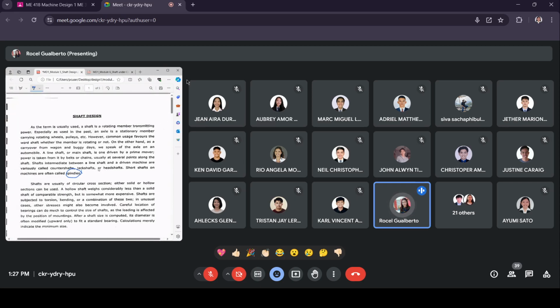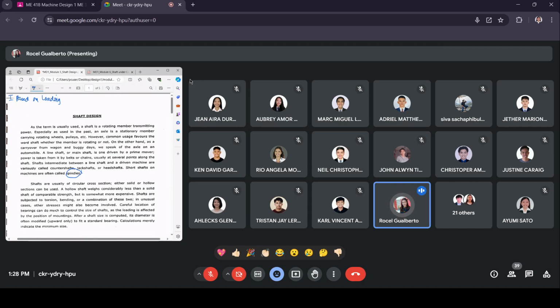Now, how do we design the shaft, okay? To design the shaft, we have two bases. The first one is based on loading, okay? We are to look at the forces acting on the shaft. And from those forces present in the shaft, that would be the basis of our design, okay?